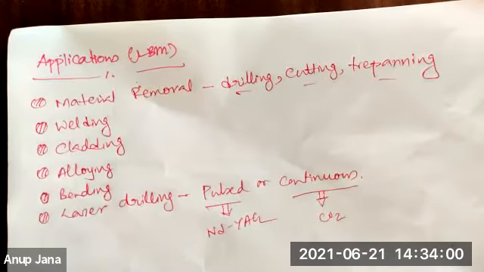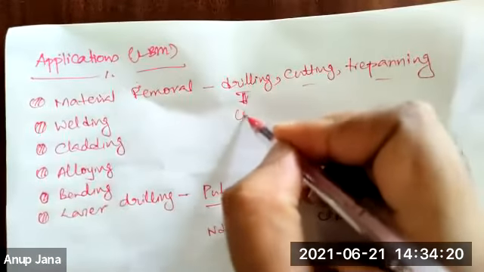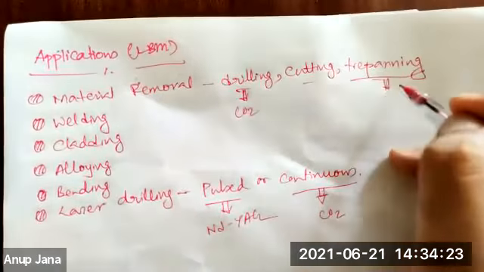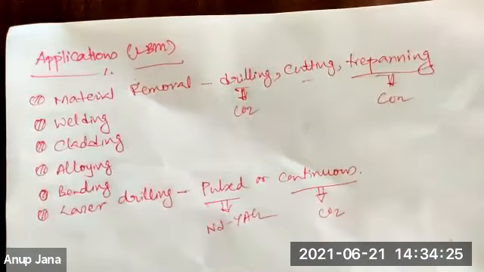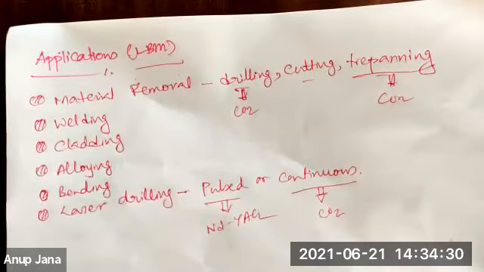Now, drilling, okay, in drilling, as far as the cutting is concerned, or even trepanning is concerned, should be done using carbon dioxide laser only. So what I said is drilling CO2 laser, trepanning also CO2 laser only, because with gas assist, that means there will be a flow of gases.